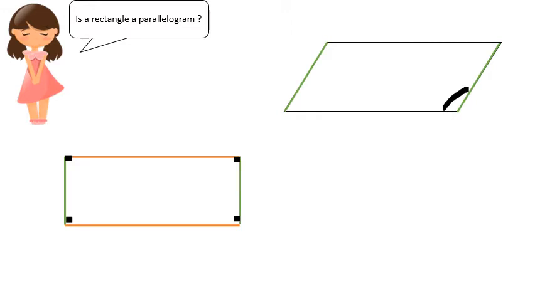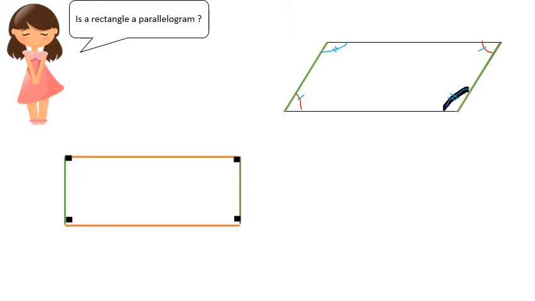But in the parallelogram, this one is an acute angle, and this one is also acute. So we have two acute angles, and we have two obtuse angles. This one is obtuse, and this one is obtuse. We have two equal acute angles. Both of these have the same size, and these two obtuse angles are also equal.